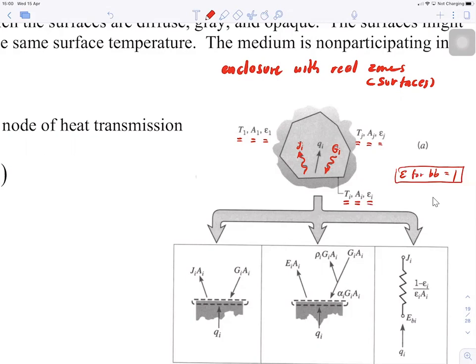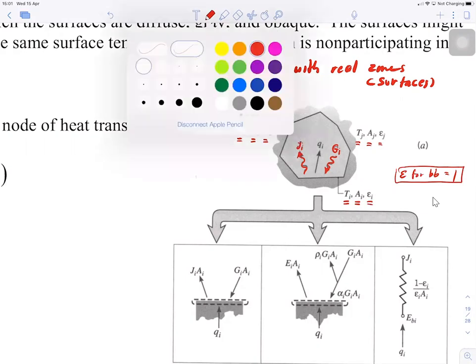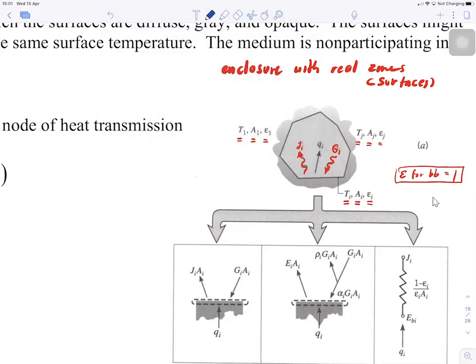But either gaining or losing energy, you have to make the surface in equilibrium. Surface I has to be in equilibrium. In order to make it in equilibrium, let's set that you have to supply Qi. Okay? How do you find the relation between Qi, Ji, and Gi? So you make the analysis over here.